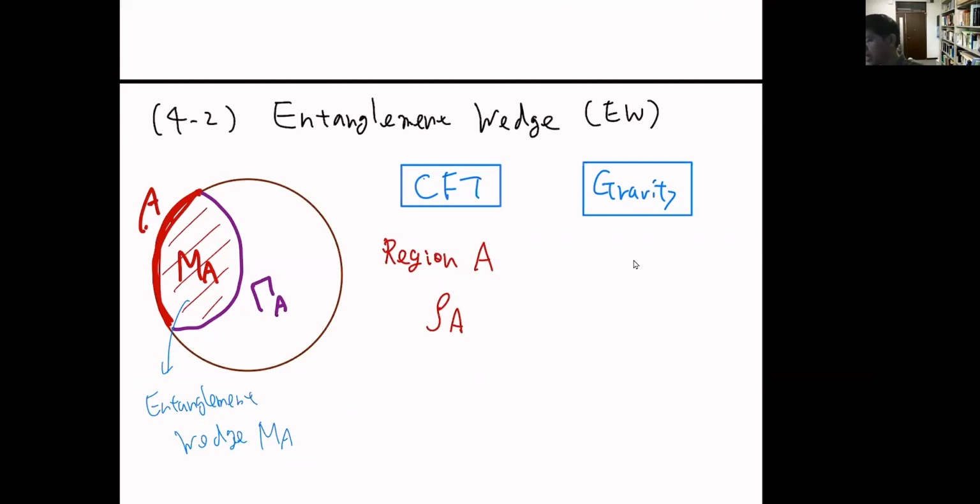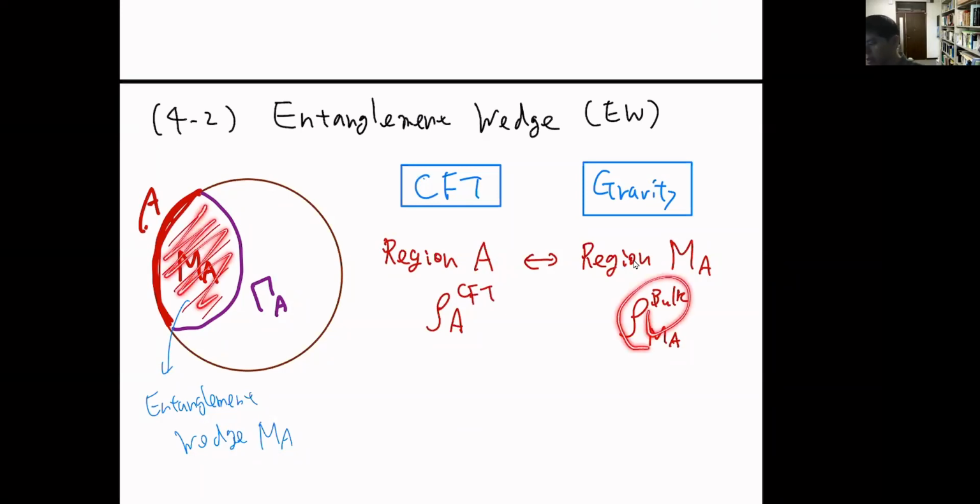In the gravity side, this corresponds to the region M_A, the entanglement wedge. And in the gravity side, we have the bulk reduced density matrix, which is localized on M_A. This one captures information in this region, and the other captures the boundary information localized on it.